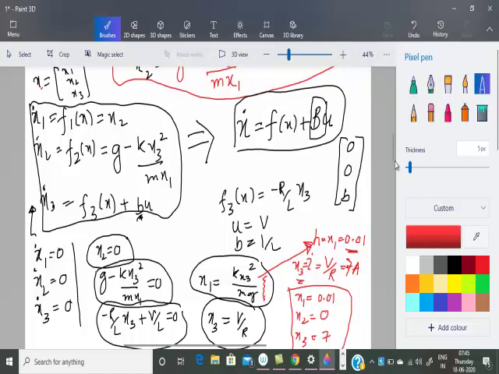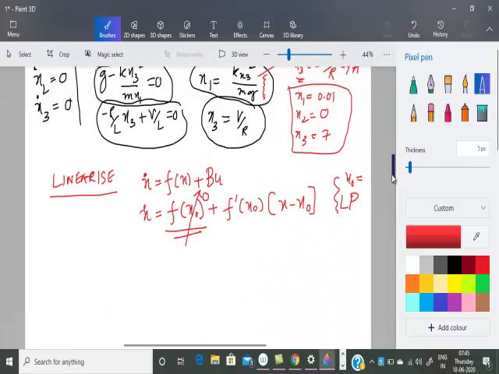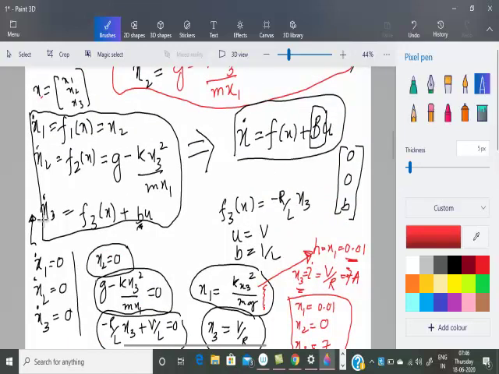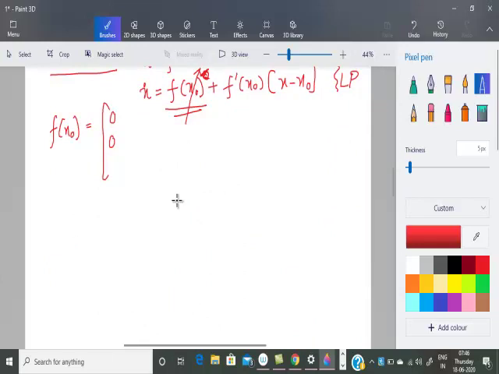So it's not exactly 0. You can say that f(x0) is 0, 0, and the last equation, because x3 dot is equal to 0, f3(x) at x0 is equal to minus b u, so this is going to be minus v by L, right?